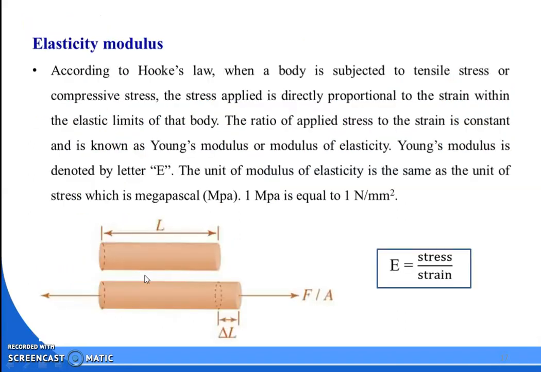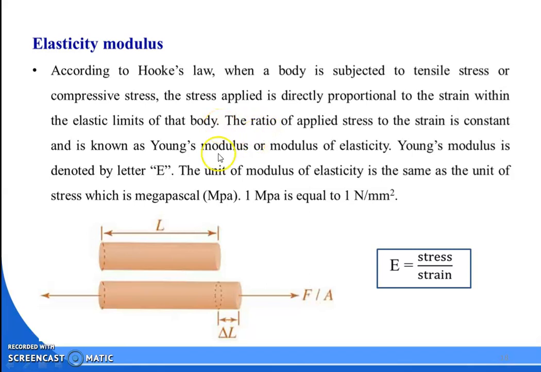Now come to the elasticity modulus. What is the meaning of elasticity modulus and what is its definition? It says that according to Hooke's law, when a body is subjected to tensile stress or compressive stress, the stress applied is directly proportional to the strain within the elastic limit of that body.